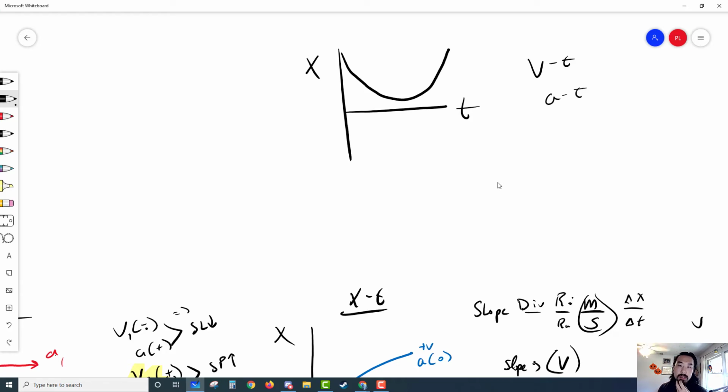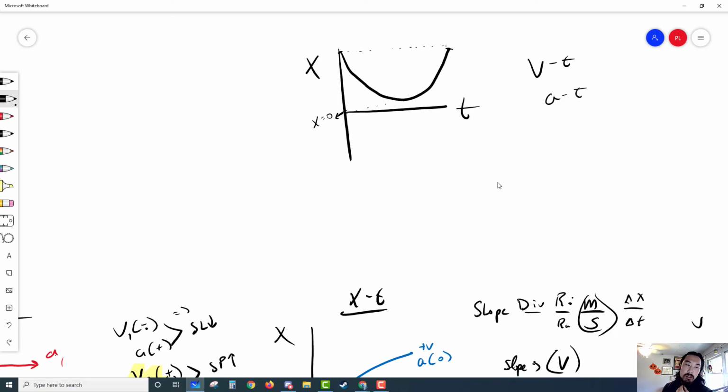Now, if this is a position versus time graph, and you're like, what happened, right? We can say that the object had an initial positive position. It went towards whatever they designated as position 0. We don't know what that is, but it went towards that. And then it went back towards its initial starting position.